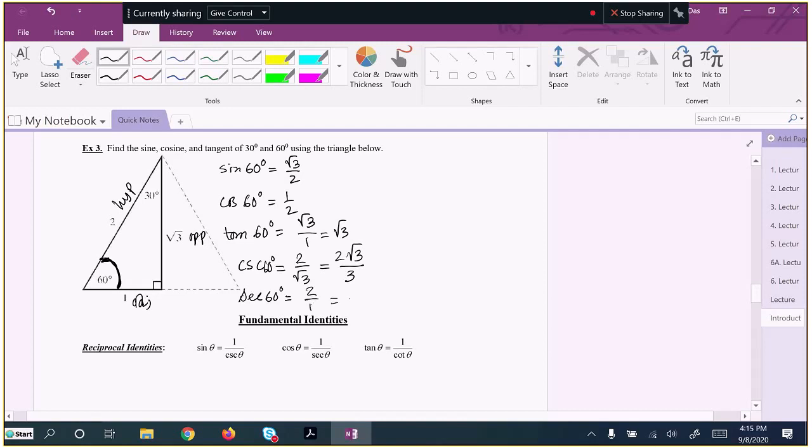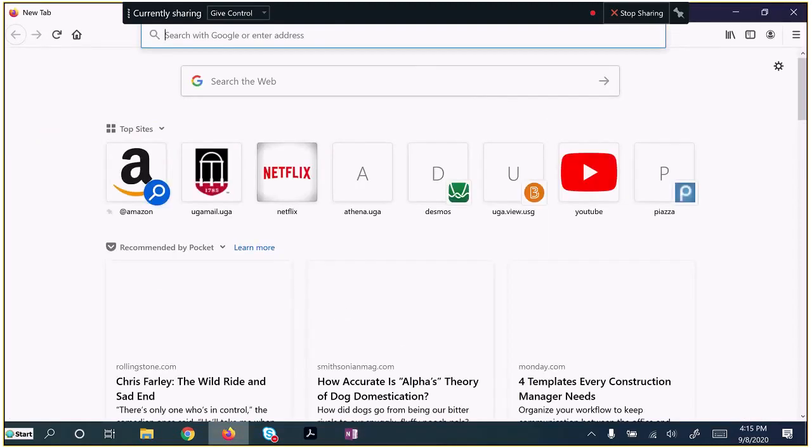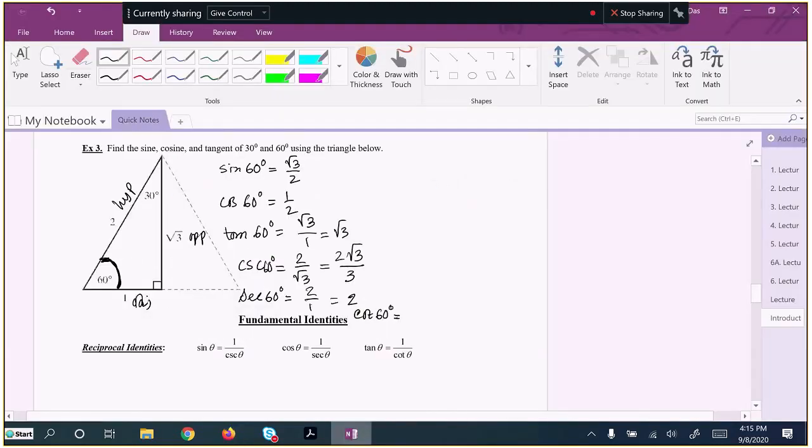So that's 2. And cotangent of 60 degrees is going to be adjacent 1 over opposite square root of 3, which after rationalizing becomes square root of 3 over 3.